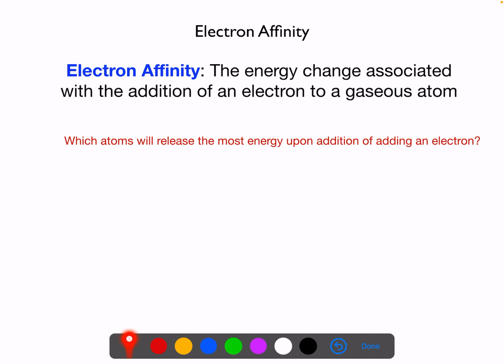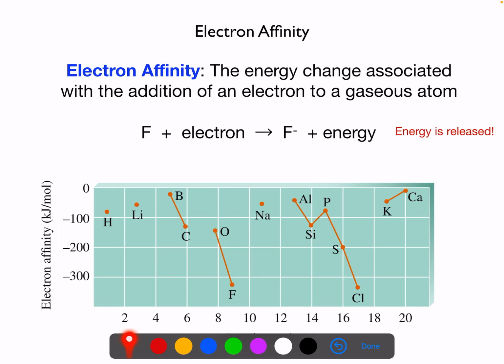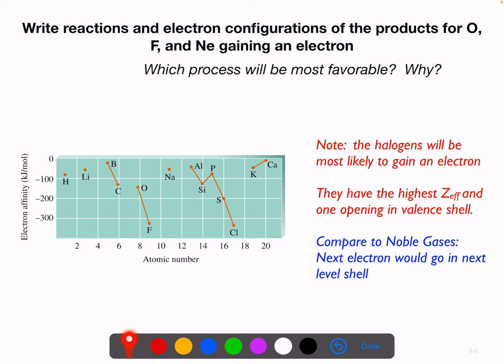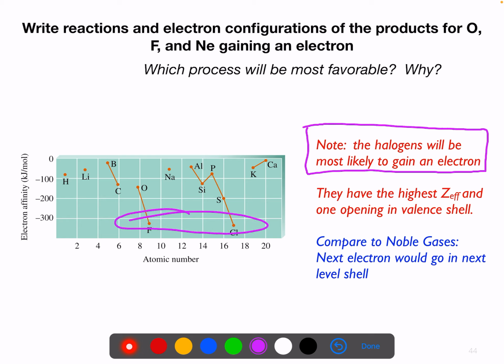It's going to be the atoms with the highest Z effective that have a spot to hold the electrons. We can look at some charts that show this, but we'll jump to the conclusions. The halogens, group 17, are the ones that are best able to grab an electron.